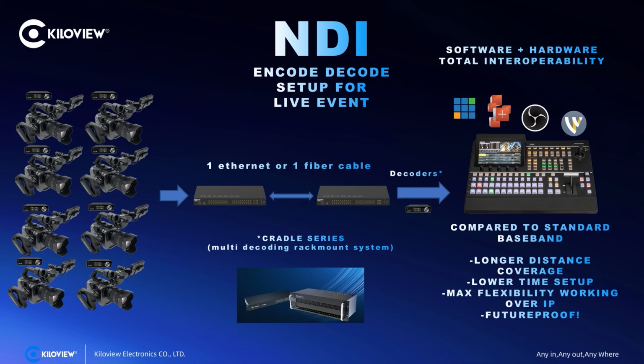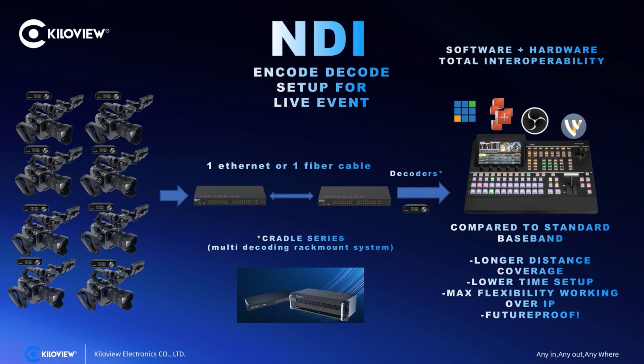In this way we can actually merge together baseband and NDI workflow to have software plus hardware interoperability, whether we use of course a software solution or hardware based mixers. This, compared to baseband, of course, can cover longer distances and has a lower setup time while offering max flexibility of working over IP, and of course can be expanded over time easily.